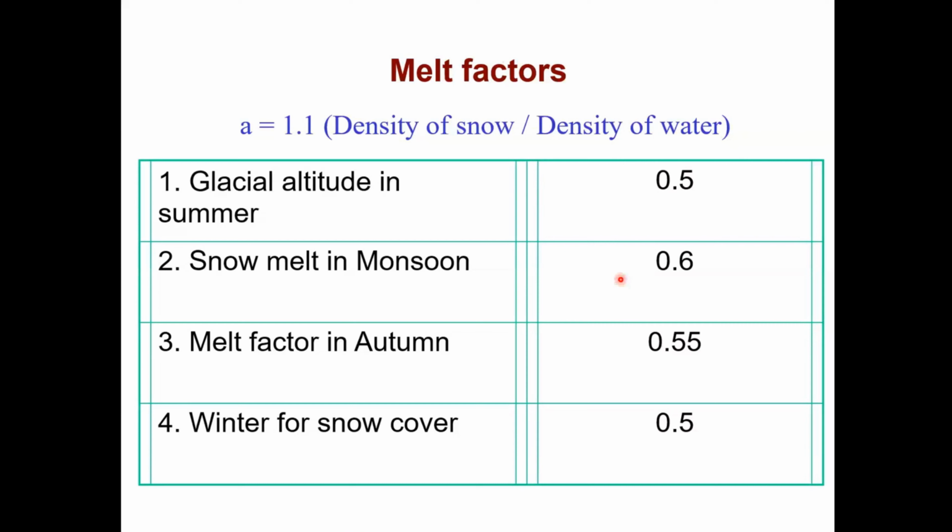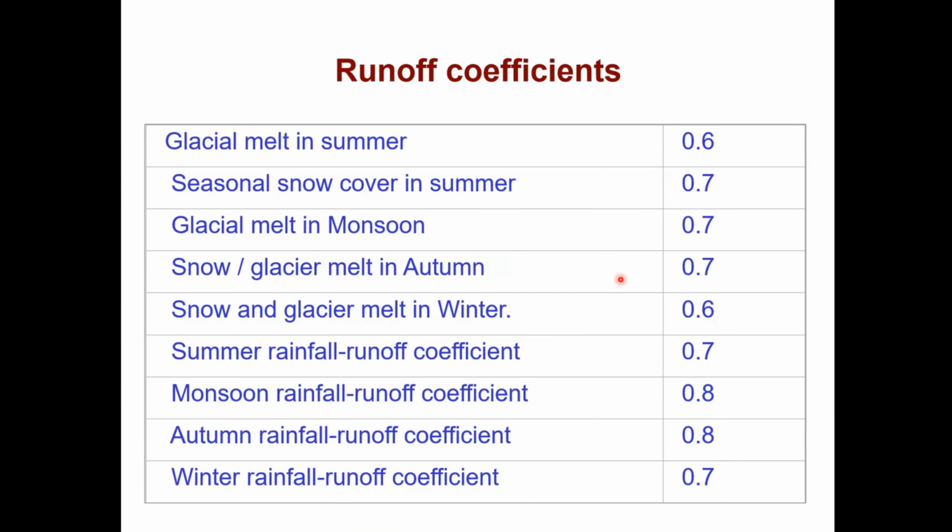So these are the melt factors you can use. And then there is the runoff coefficient. What it means is, as you produce water by snow melt, it is not necessary that all the melt water will go into the stream runoff.